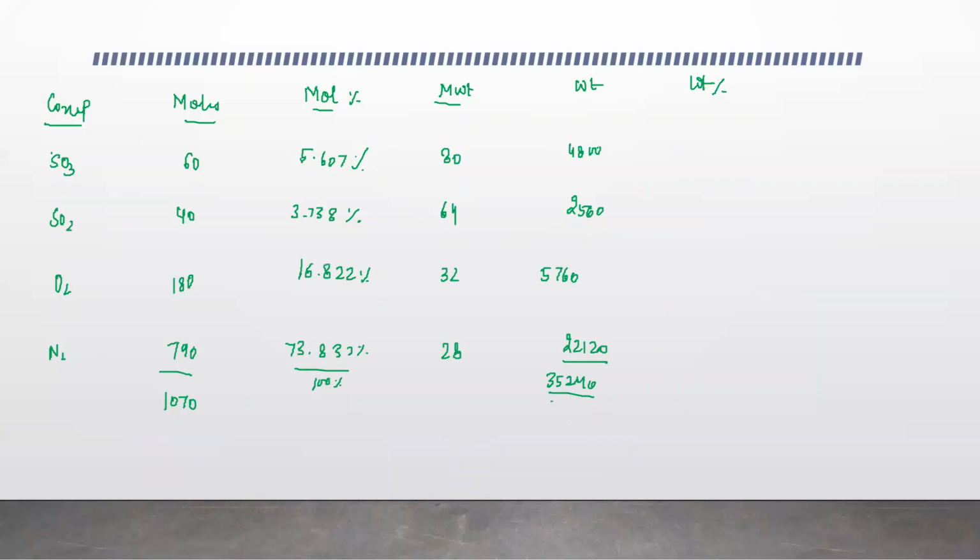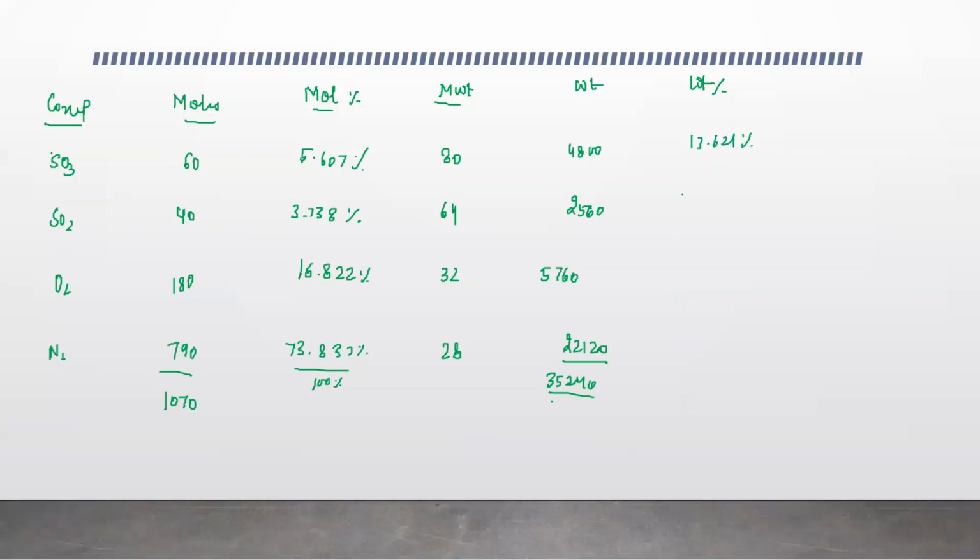All right. So now, when you find weight percent, that is weight upon total weight into 100. So that is going to be equal to 4800 upon 35240 into 100. So that is 13.621%. Right?